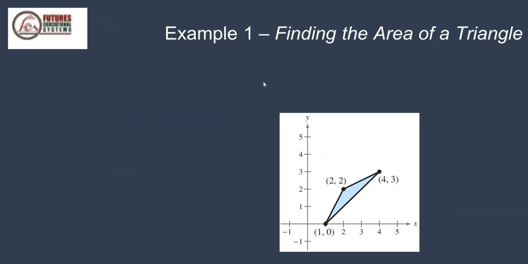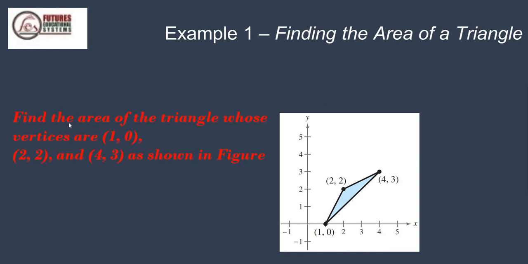Apply the determinant. Example: find the area of the triangle whose vertices are 1 and 0, 2 and 2, 4 with 3, as shown in the figure.